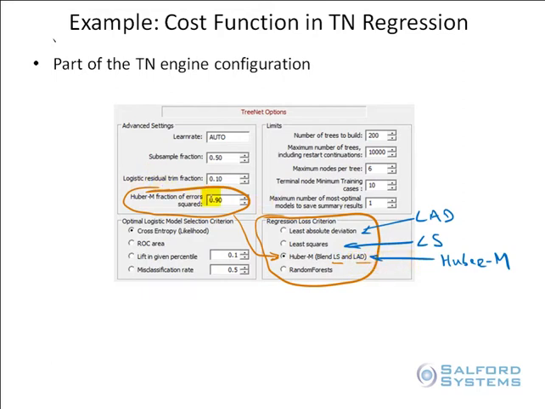And of course, you can manipulate this parameter. If you make it larger, you'll make Huber-M behave more like least squares loss. If you push it towards lower values, you will make TreeNet behave more like LAD loss.